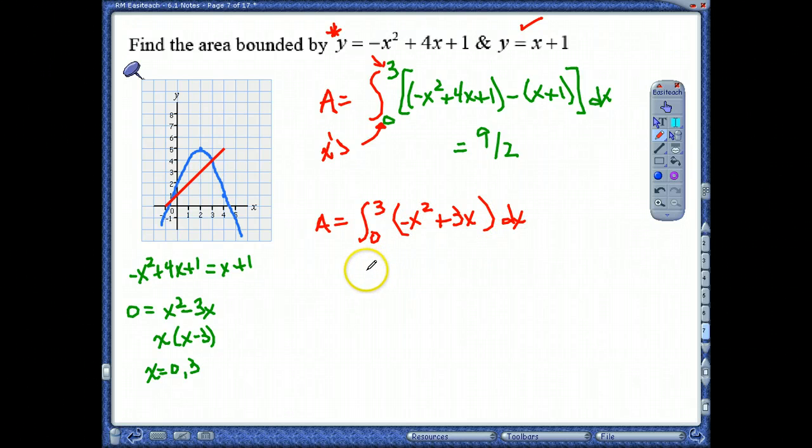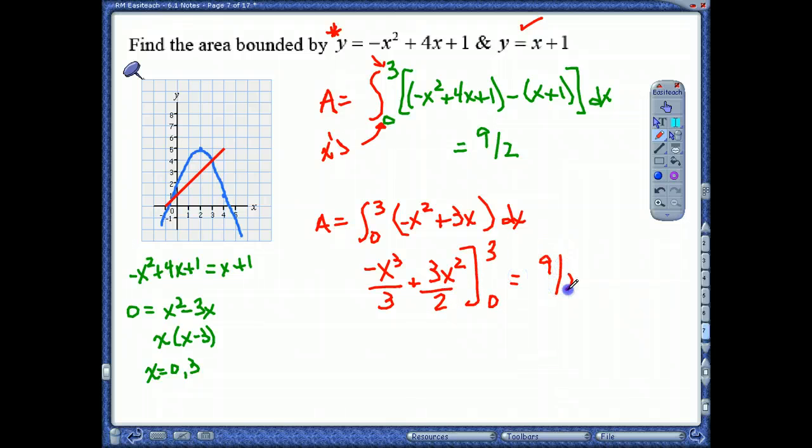And then when you integrate that, you'll have negative x to the third over 3 plus 3x squared over 2. You're going to put 3 in and then 0, and you're going to get the same answer. Okay? But if you're going to use your calculator, go ahead and use your calculator. You do not have to simplify it. But if you're not using your calculator, simplify first, please. Okay.